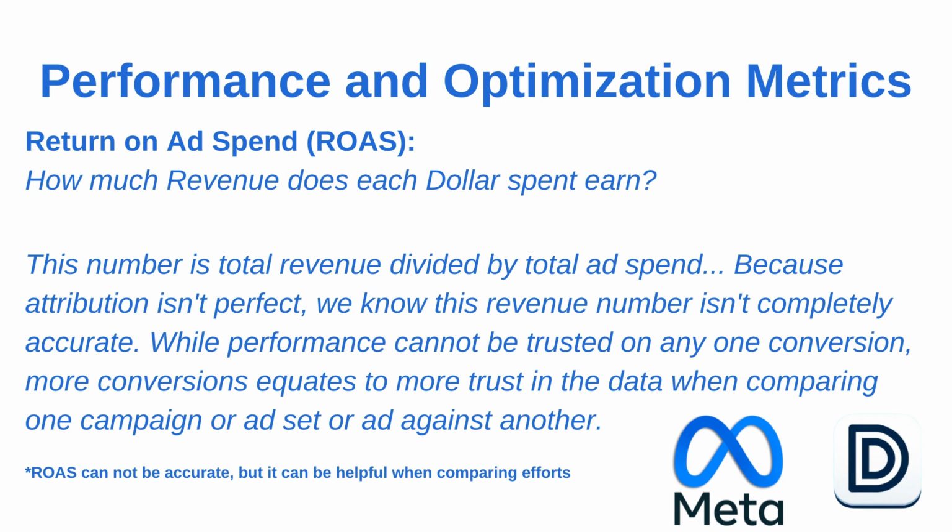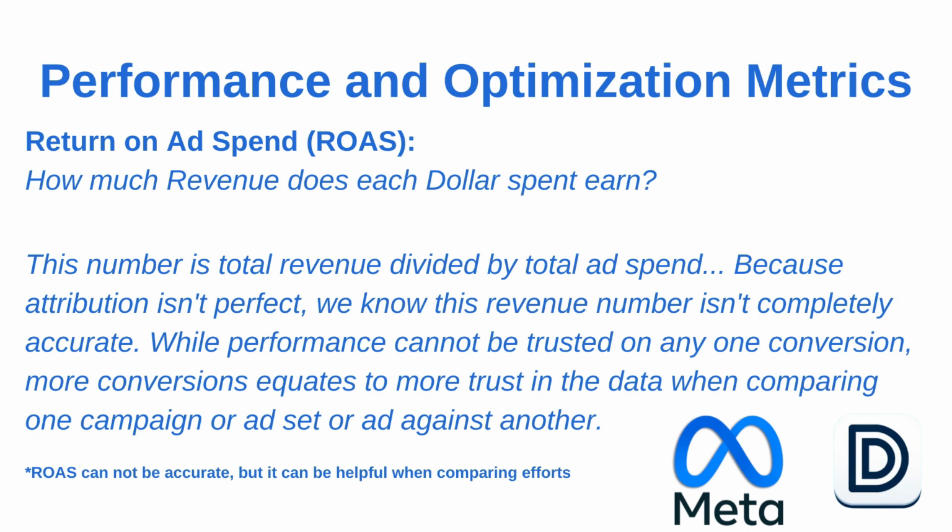Now, the best practice for you to remember here is that because attribution isn't perfect, this revenue number is never completely accurate. While performance cannot be trusted on any one conversion, more conversions equates to more trust in the data when comparing one campaign or ad set or ad against another.